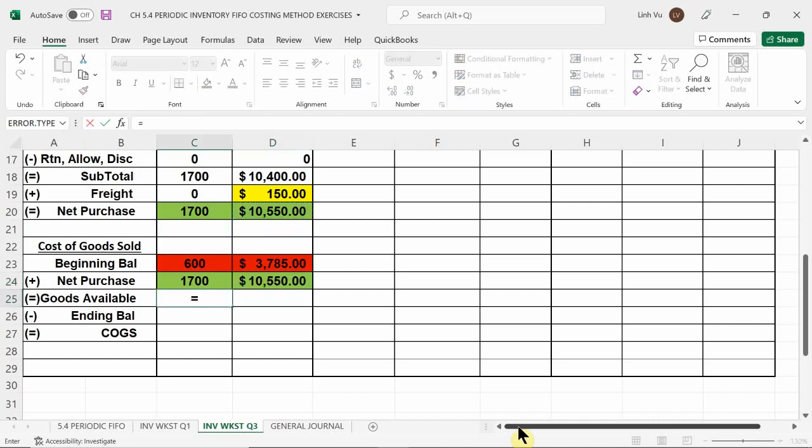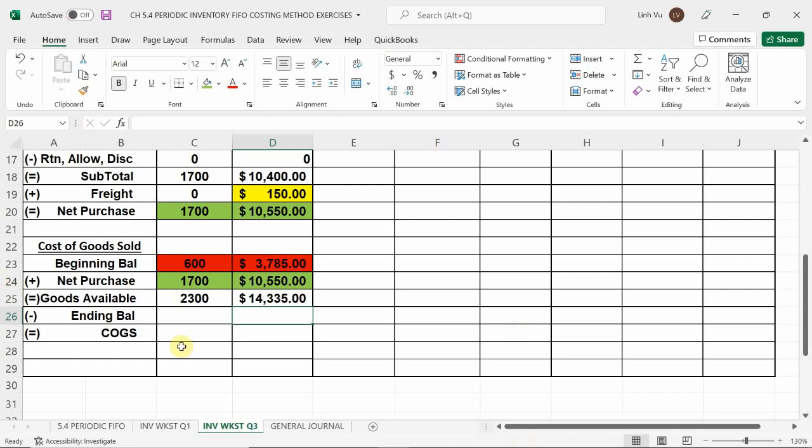So, how do I solve for my total goods available? You're going to get a total of 2,300 units available to sell at a grand total of $14,335.